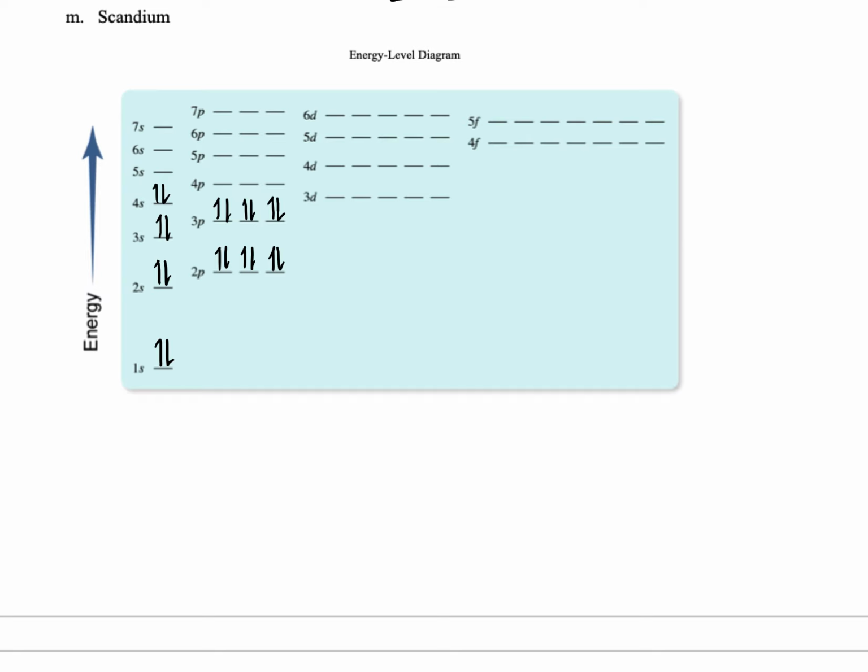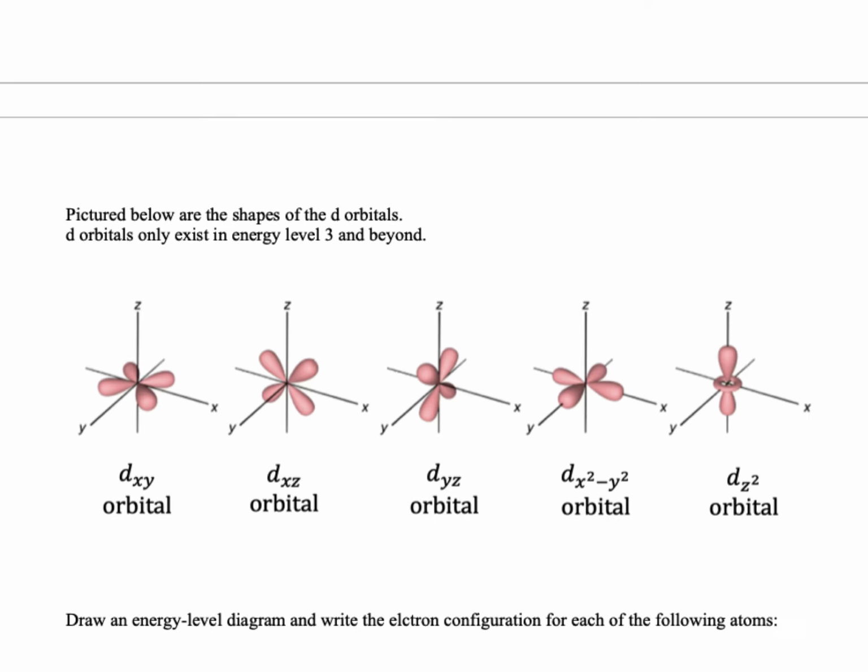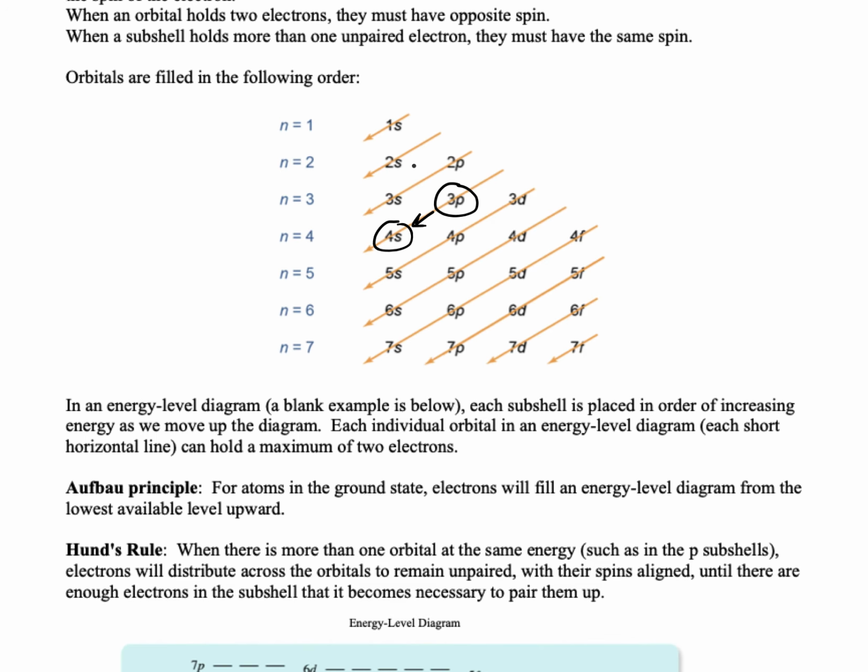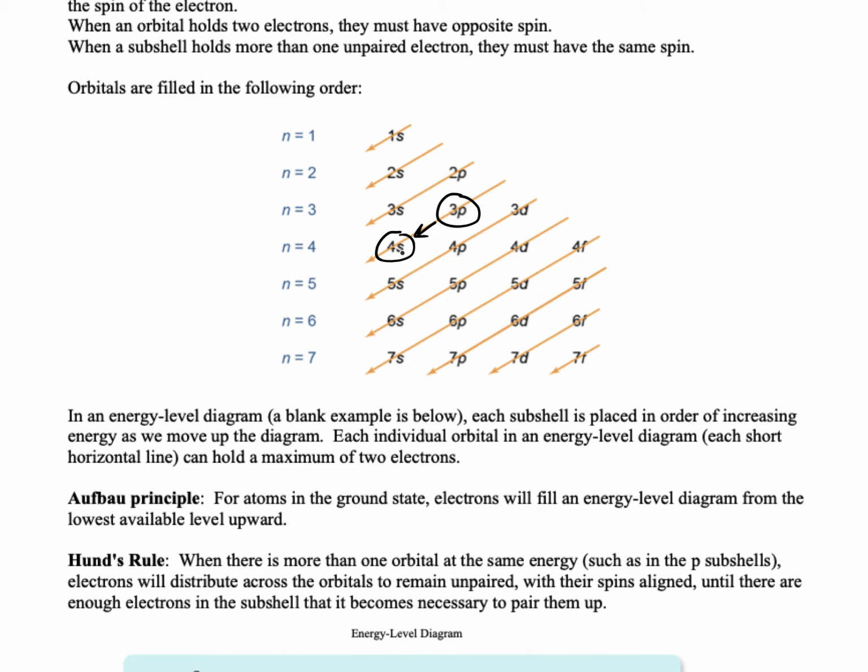That's the diagram for calcium. We need to add just one more electron in the 3d subshell. We can see in the orbital filling diagram that after 4s, we will go to 3d. And that's what happens with scandium.